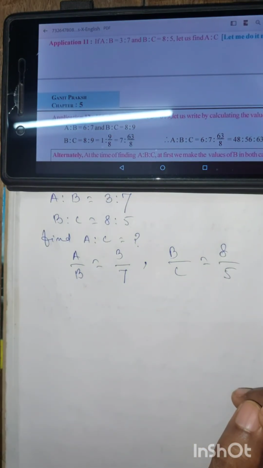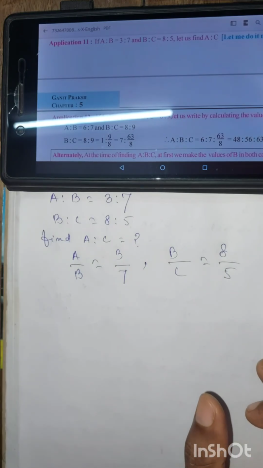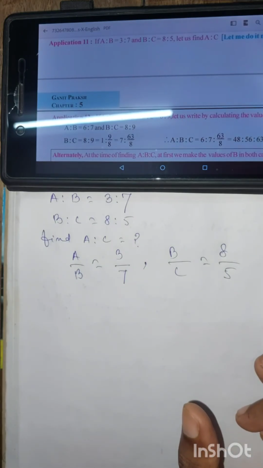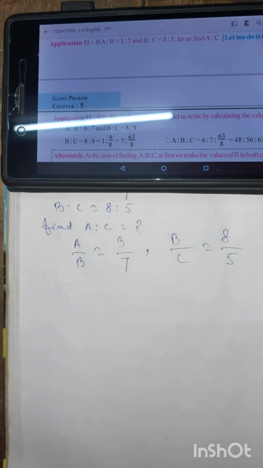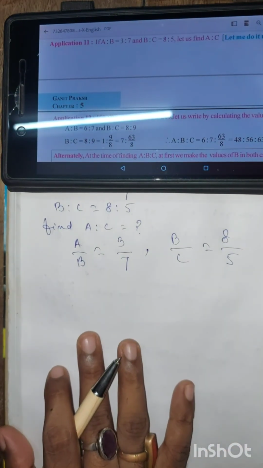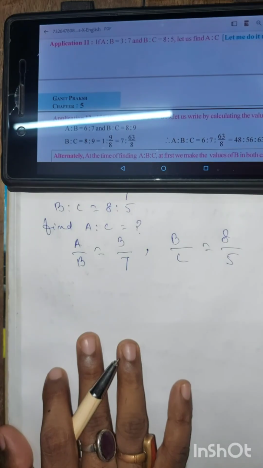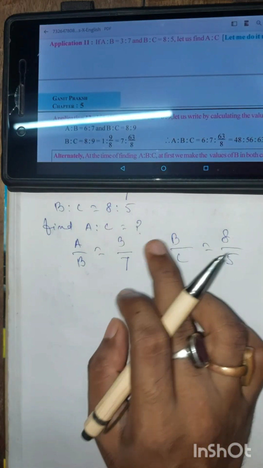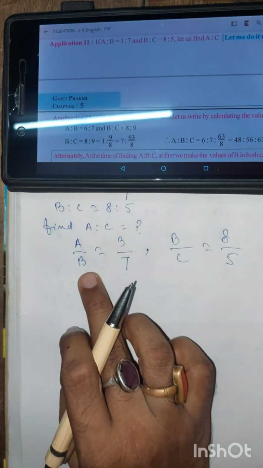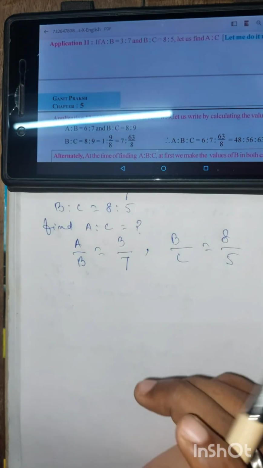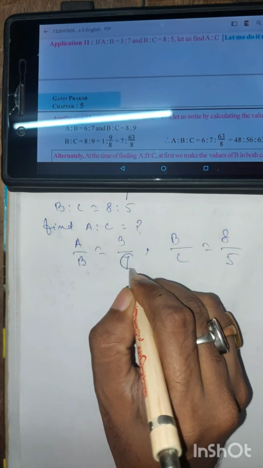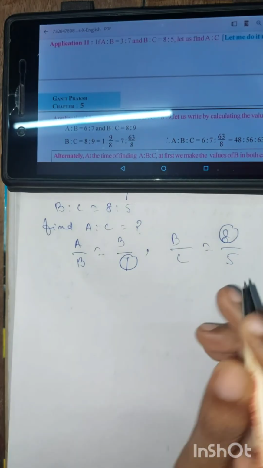So first we need to make B equal. After that we can compare A, B and C in the form of a ratio. So to make B equal, first we need to find the LCM of 7 and 8.